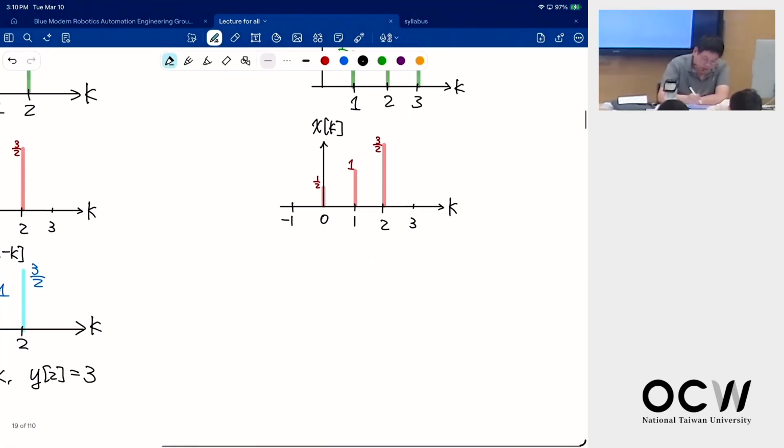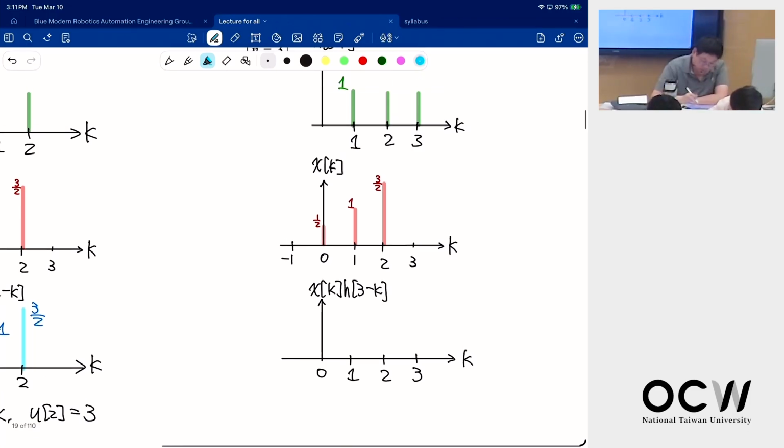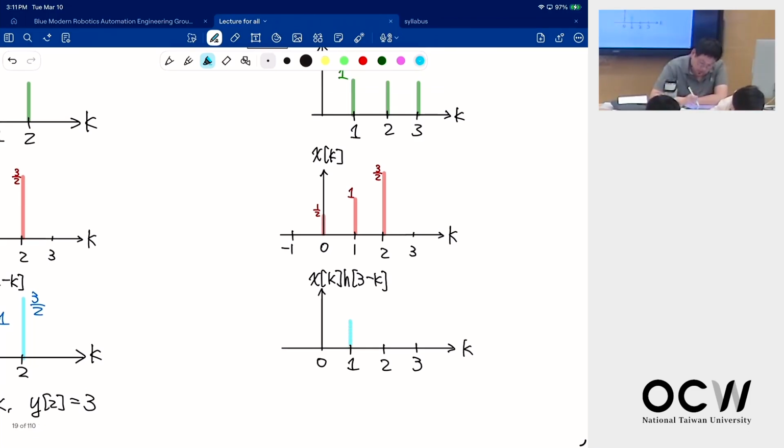So the output of x of k times h of 3 minus k, at 0, 1, 2, and maybe 3: we have 1 times 1, I have 1, and 1 times 3 over 2, 3 over 2.